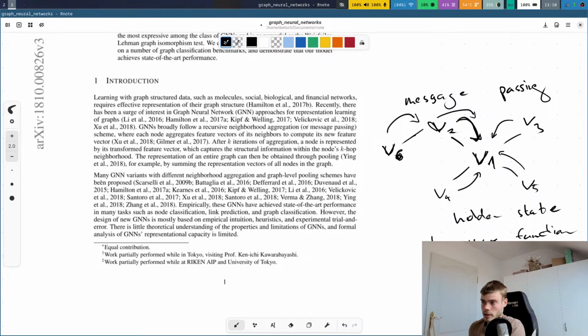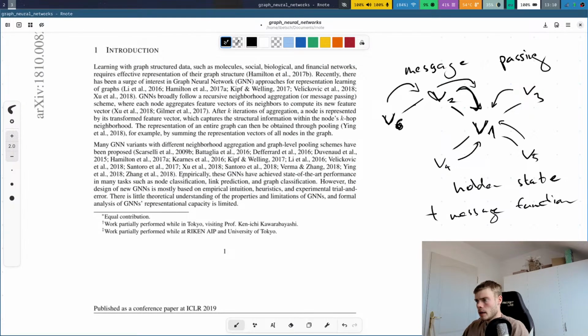Many GNN variants with different neighborhood aggregation and graph level pooling schemes have been proposed. A lot of references here. Empirically, these GNNs have achieved state-of-the-art performance in many tasks such as node classification, link prediction, and graph classification.